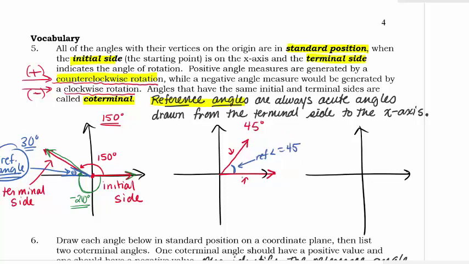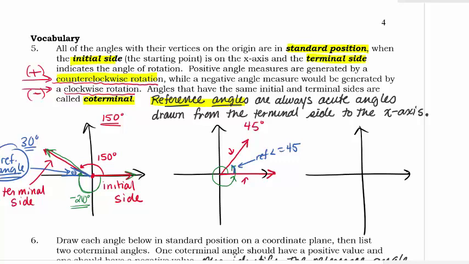A coterminal angle with our positive 45 degree angle might be a negative 315 degree angle, or we could go past a full rotation. So another way to get a coterminal angle with 45 degrees would be to go in the positive counterclockwise direction, and at this point we're at 360, but to end up at the terminal side we need to add 45.